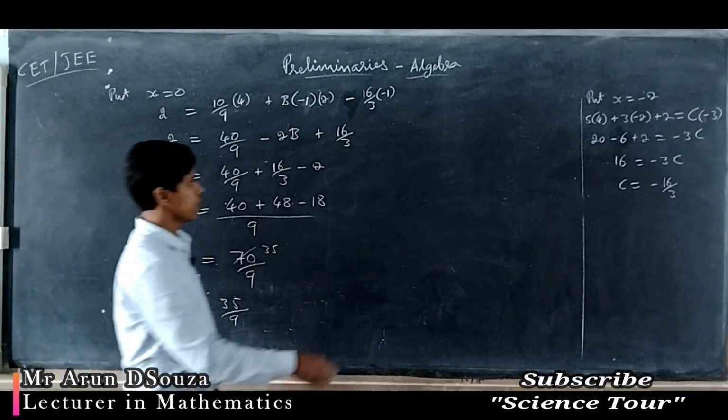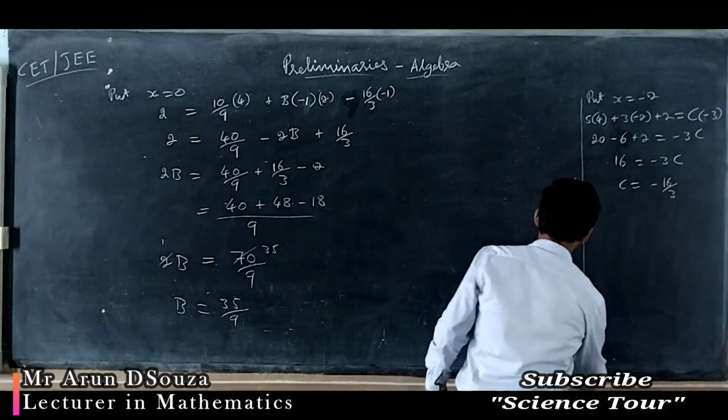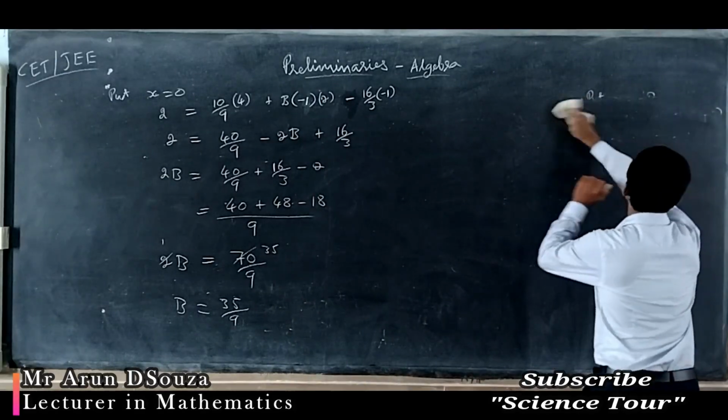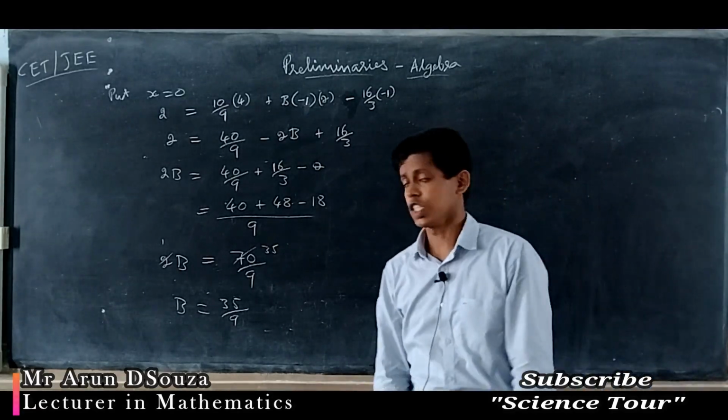Well, once you get all the values of A, B and C, what you have to do is substitute in the original equation.